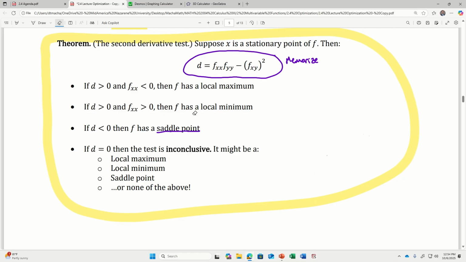So yeah, don't just memorize the formula, but remember all of these bullet points too. And the saddle point deal just says if this lowercase d is negative, then it's a saddle point. I don't even care what any of the second partials are. As long as that d number is a negative number, boom, saddle point. So we are in a situation where we just found a saddle point.